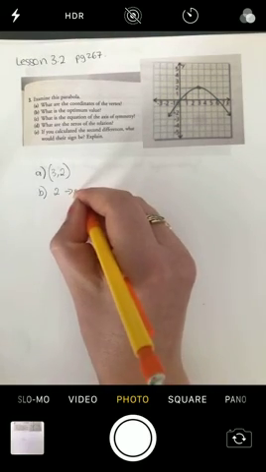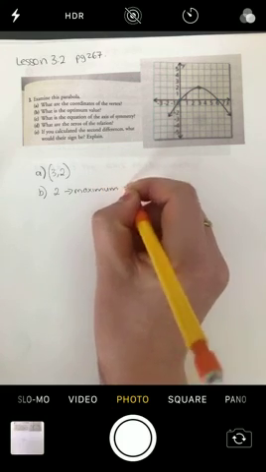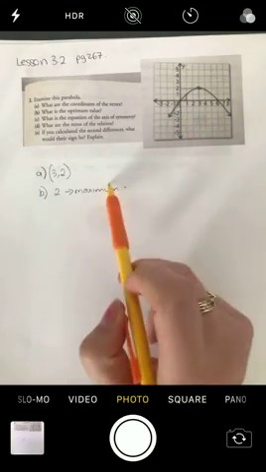Actually, I should say it's a minimum if our parabola opens up. It's a maximum if our parabola opens down. And in this case, it opens down, so it's going to be a maximum.